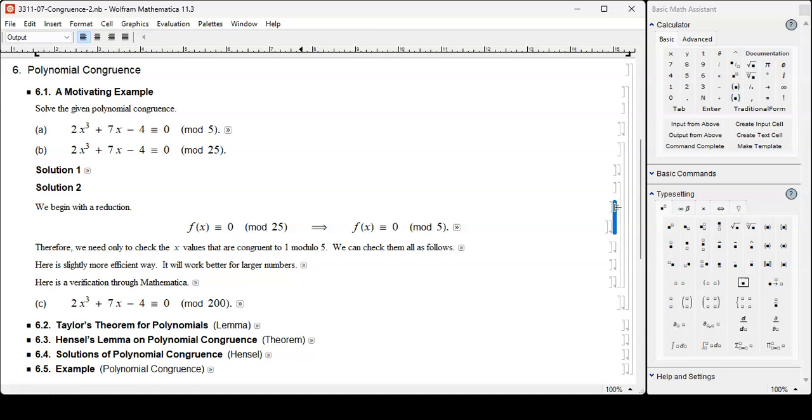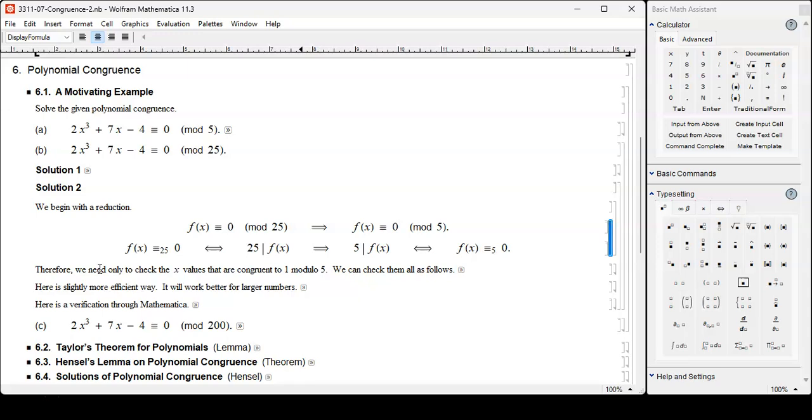F of x is congruent to 0, mod 25. Then f of x is congruent to 0, mod 5. The reason? 5 divides 25. See? F of x is congruent to 0 means 25 divides f of x. In other words, f of x is a multiple of 25. It would have been better with this: 25 times a certain integer, q for quotient.